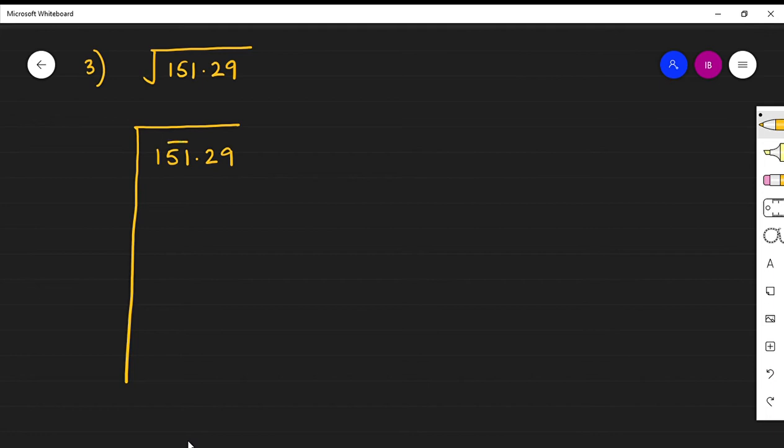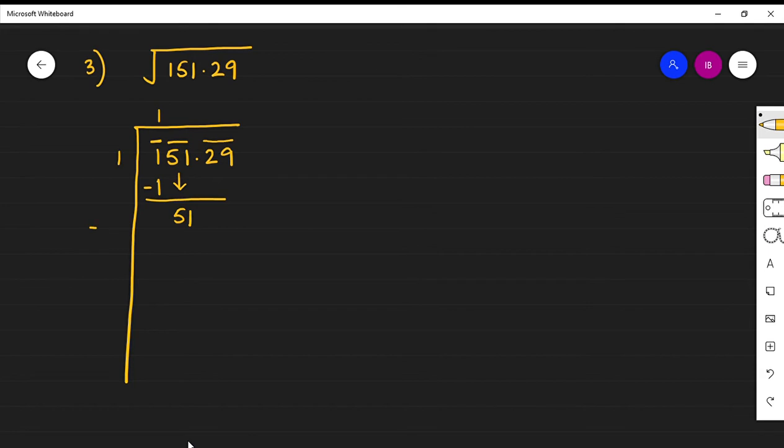So one pair is this and the next bar is on 1. Move to the decimal part and put the bar on 29. Now the first bar consists of only 1. So 1 1 the 1, remainder 0. Copy the next two digits under the next bar, 51.